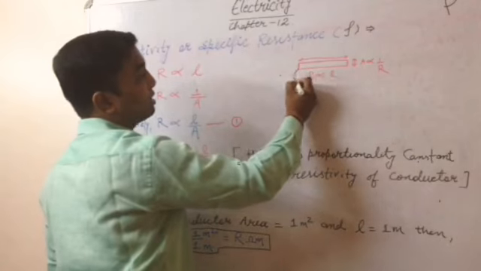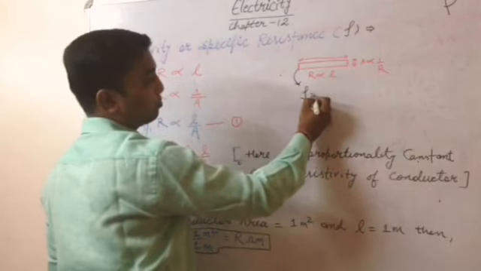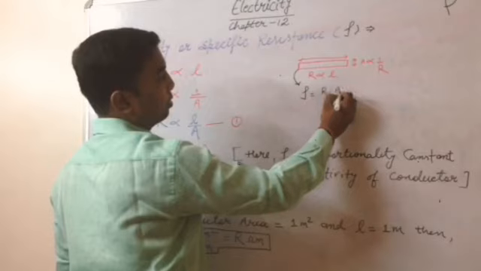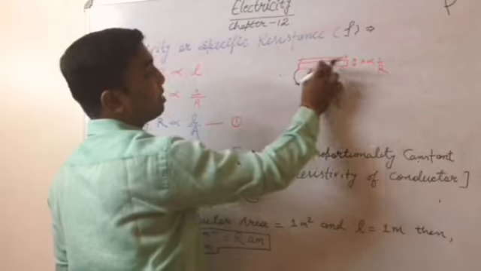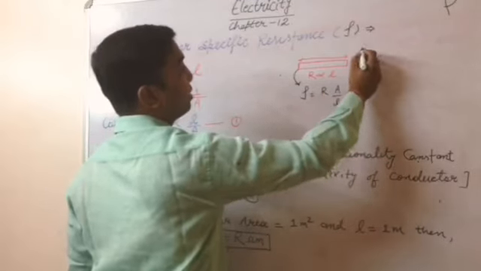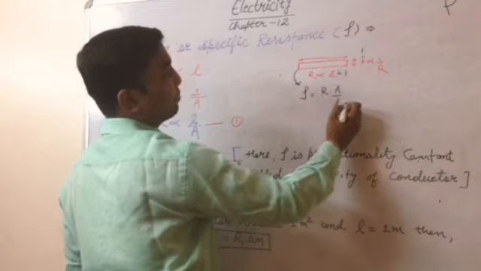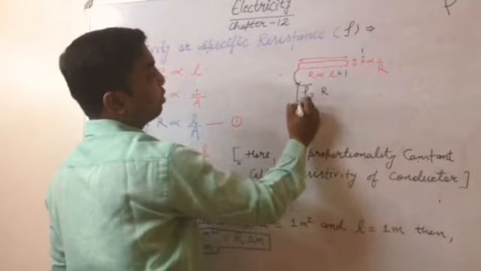Suppose the resistivity of this wire is rho. If the area of the wire becomes 1 and the length of the wire also becomes 1, then resistivity would be equal to the resistance.